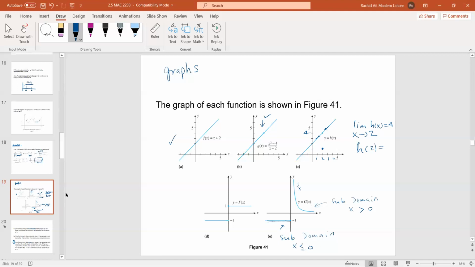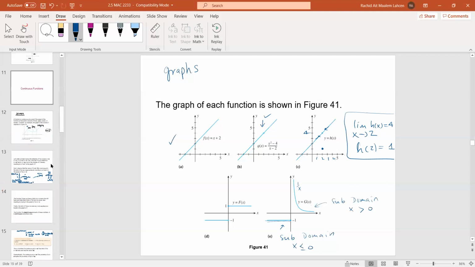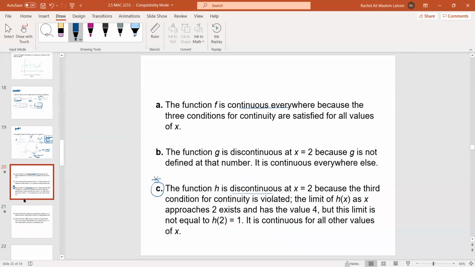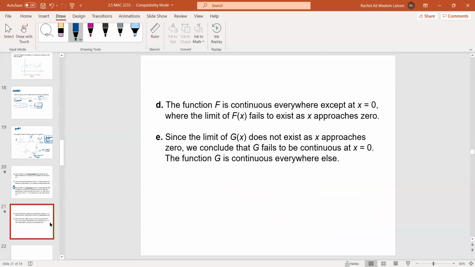Is it 4? No, it's 1. So the third condition is not met. The third condition that I stressed is not satisfied. If that's not satisfied, then it is discontinuous, right? So that's the hard one sometimes to see, but the others are okay.